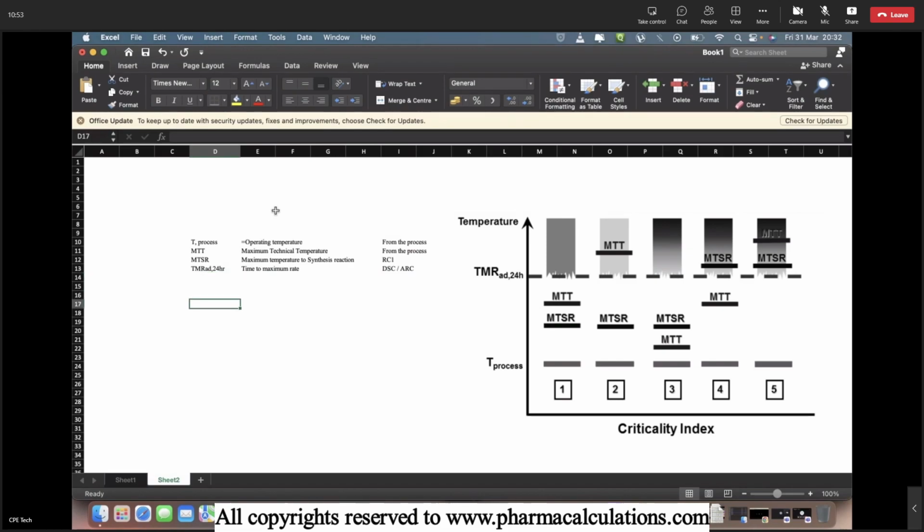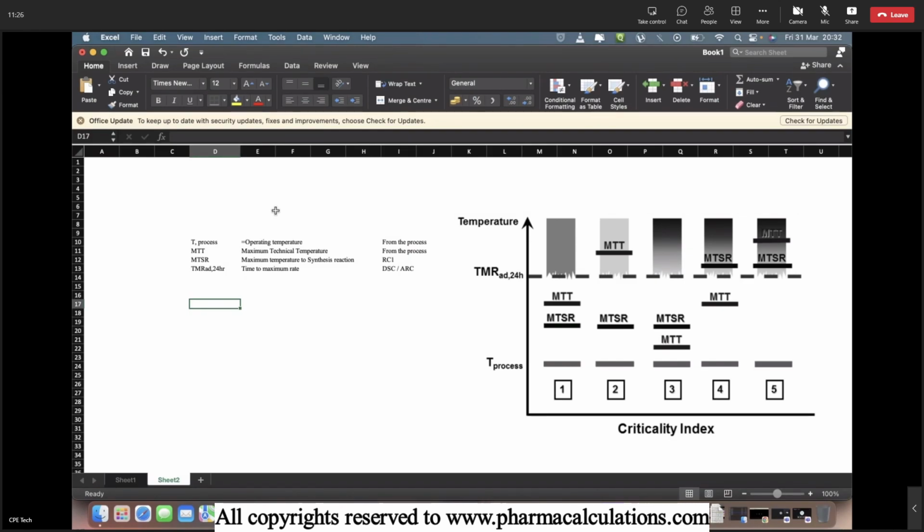Basically, the RC1 study is performed for a dosing type of reaction where we are going to identify the heat of reaction. While performing the heat of reaction study using RC1 calorimetry, we initially take the mass inside the reactor. It's basically a calorimeter where we perform the reaction steps as per the process, and we circulate a constant temperature utility in the jacket.